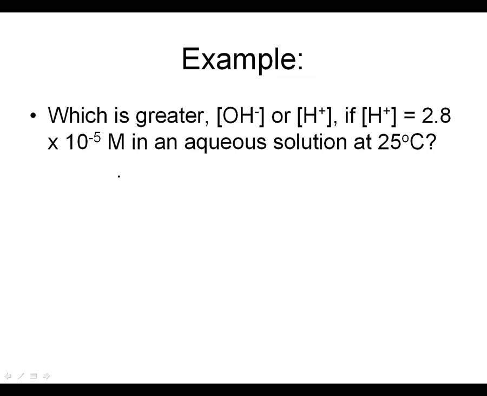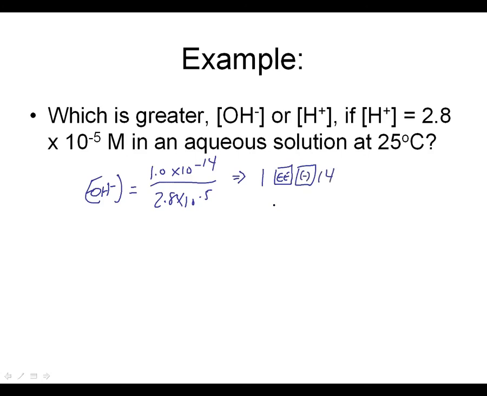All right, so again, same calculation. We are given the H plus, so our OH minus, not E, OH minus, is going to be 1 times 10 to the minus 14 divided by our 2.8 times 10 to the minus 5. If you're going to punch this into your calculator, you would hit 1, your exponent button, your negative button, and 14, then your divide button, and your 2.8, your exponent button, and your negative button, and 5.